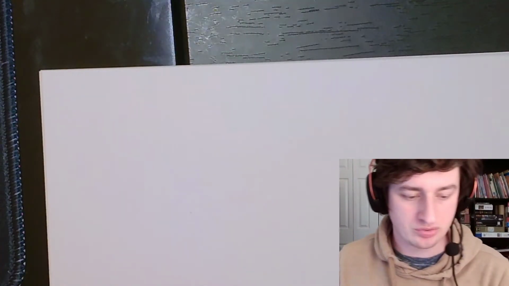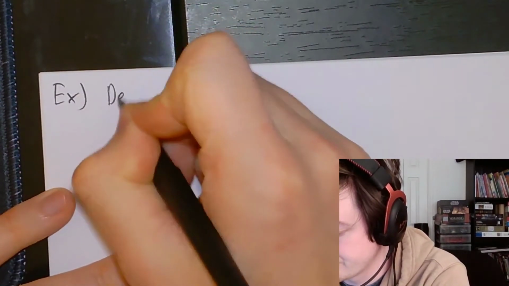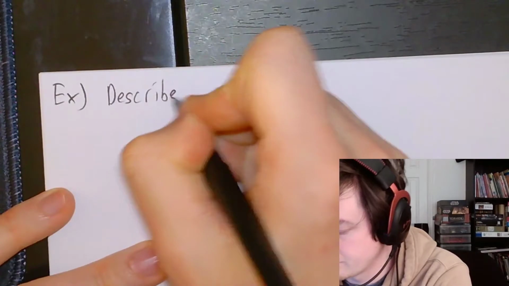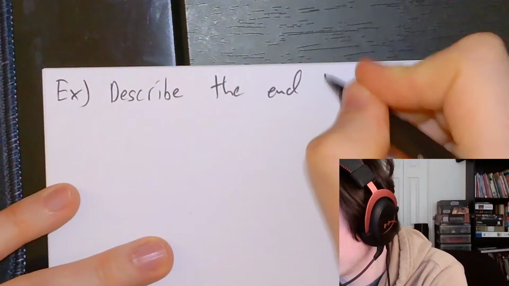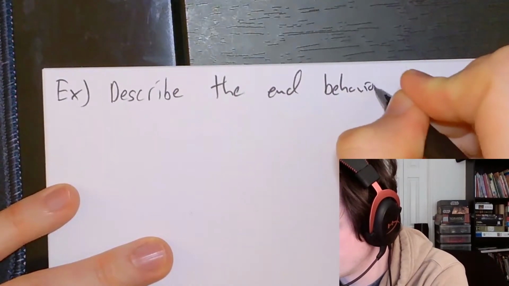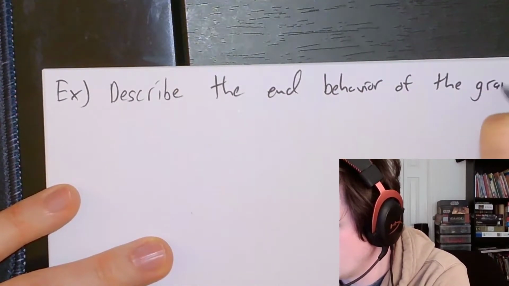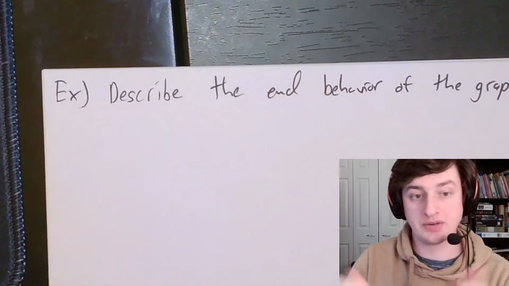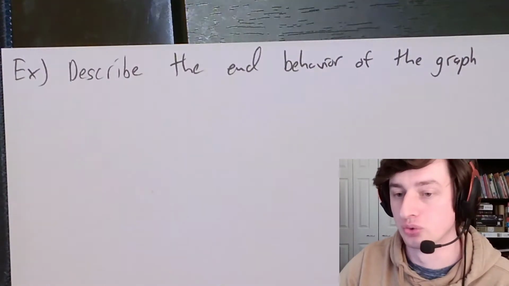They're going to say describe the end behavior of the graph. End being the extremes, the left and the right, and behavior just being like, what does the graph actually do?